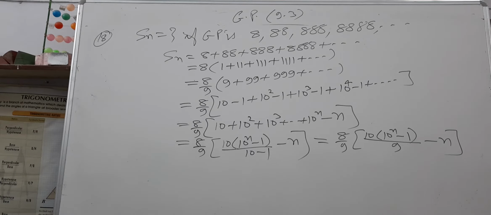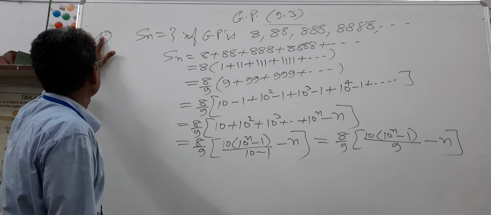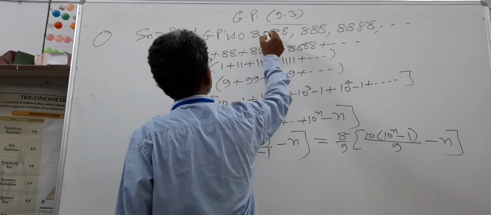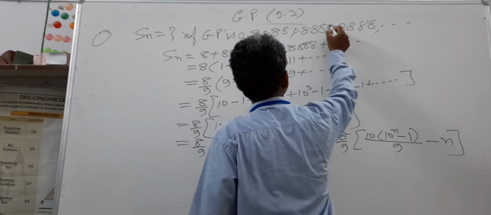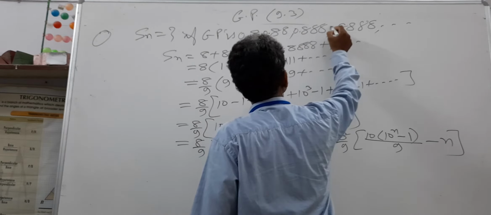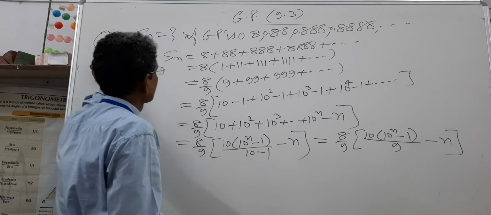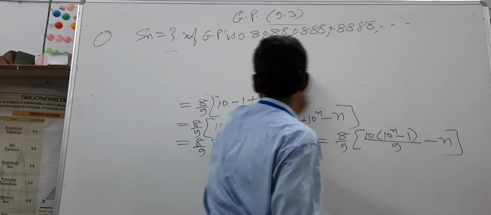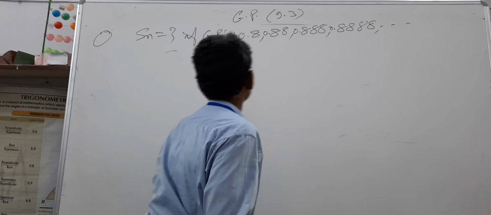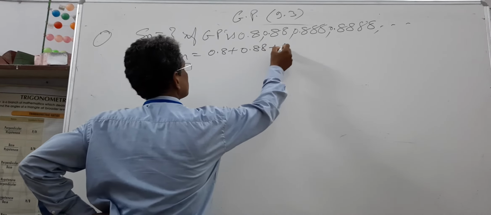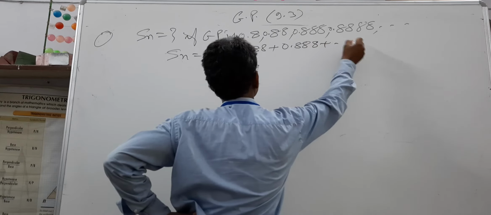If the same question is given in another form, that is, find Sn if the GP is given as 0.8, 0.88, 0.888 and so on, then Sn will be 0.8 plus 0.88 plus 0.888 and so on.